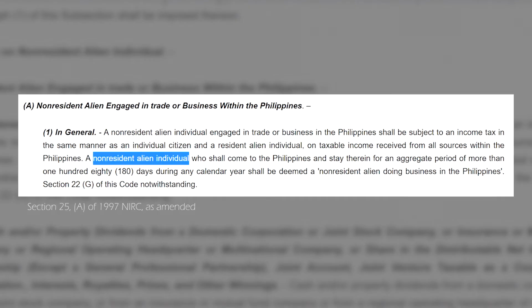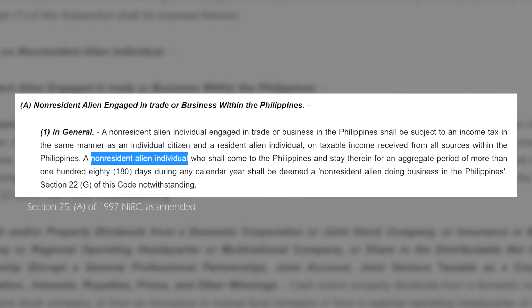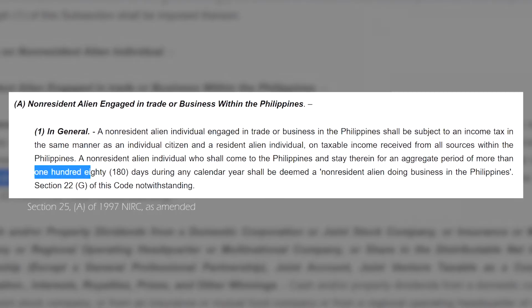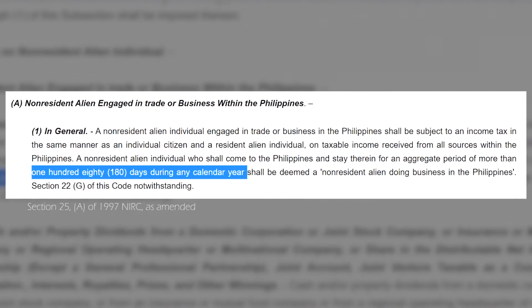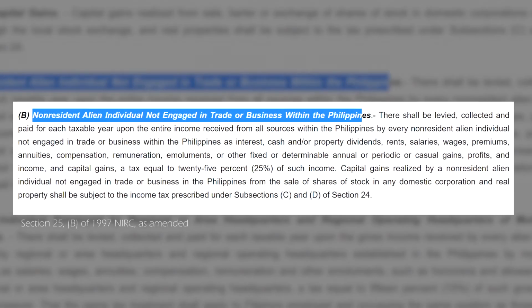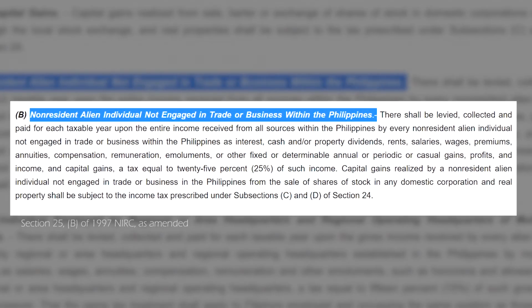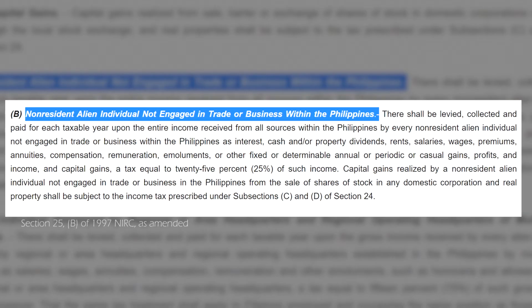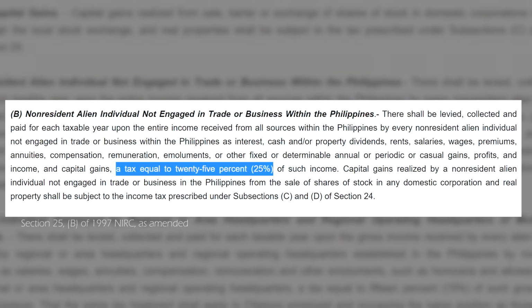They are further classified as non-resident aliens engaged in trade or business, which are aliens whose aggregate stay in the Philippines is more than 180 days. The other classification is non-resident aliens not engaged in trade or business, wherein their aggregate stay is 180 days or less. So non-resident aliens not engaged in trade or business are taxed based on gross income.